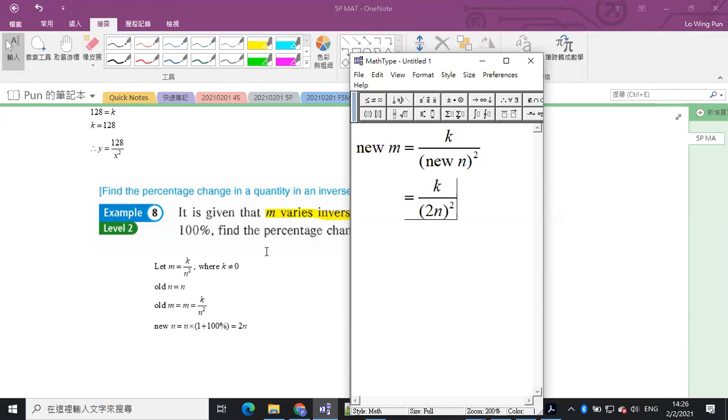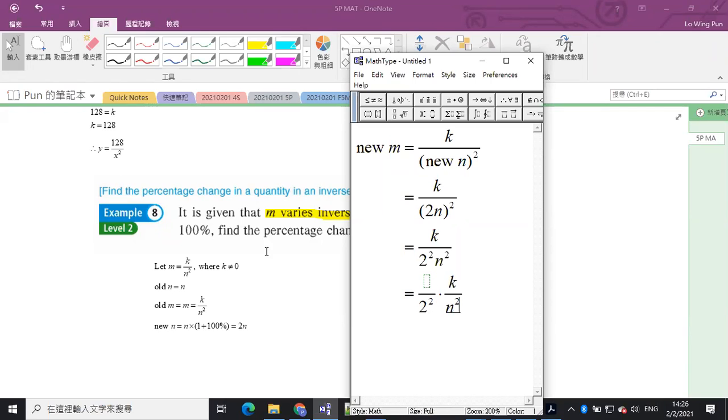And again, we need to split. We need to share the square to the 2 and to the n. So the 2 can get the square, and the n can also get the square. And then we need to split the number out from the letters. So please be very careful here. The 2 squared is in the denominator. So when you split this out, it is still written on the denominator like this.